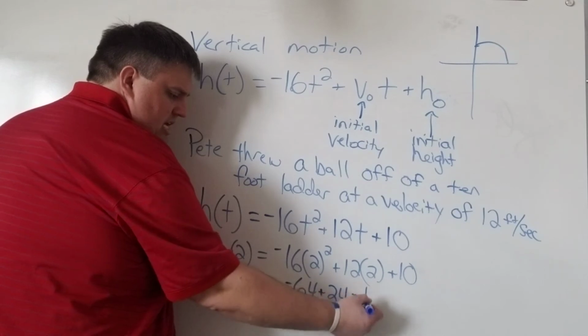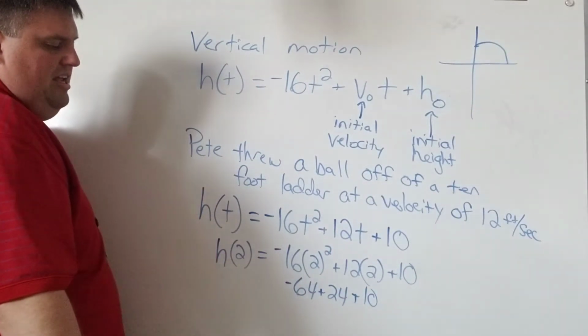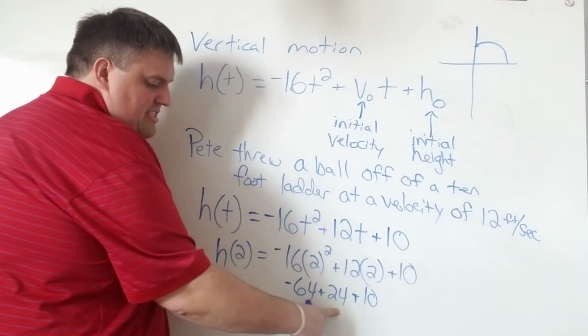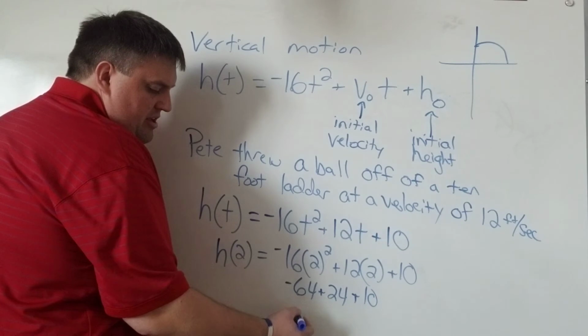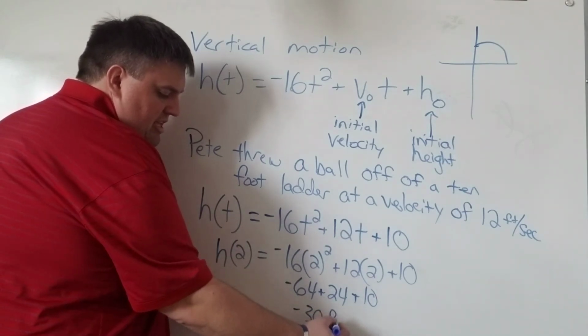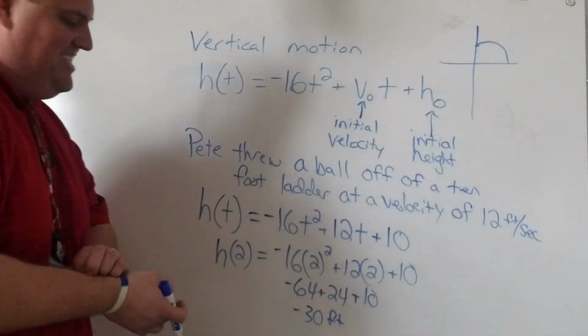And plus 10. 2 is a bad choice because it looks like it's going to be underground, right? It's already going to hit the ground. Negative 64 plus 34 would be negative 30 feet. So maybe if it went into a cave or something, I guess that could work.